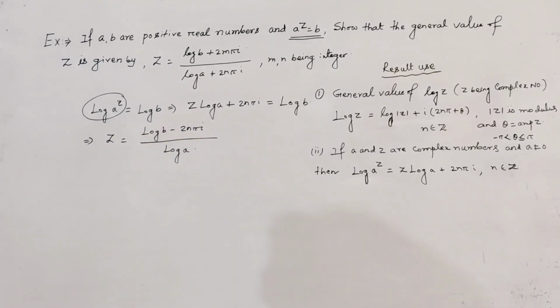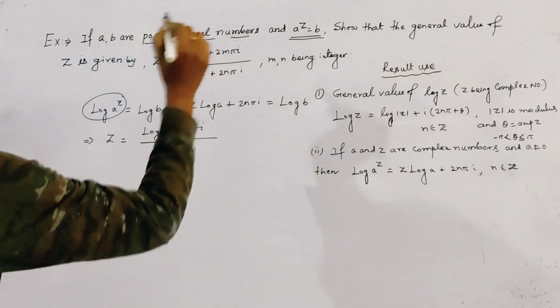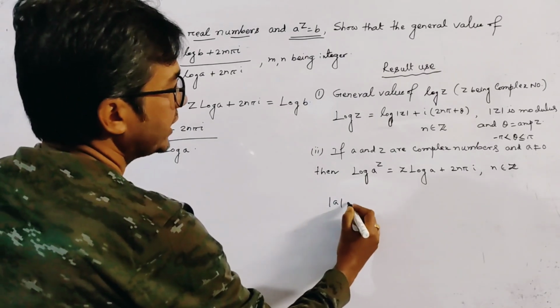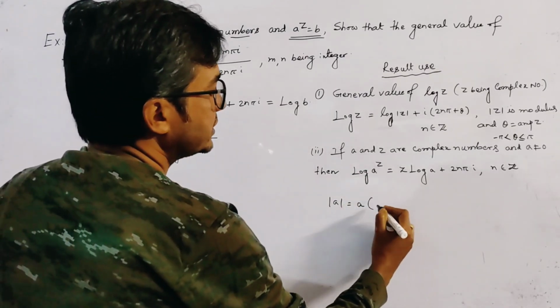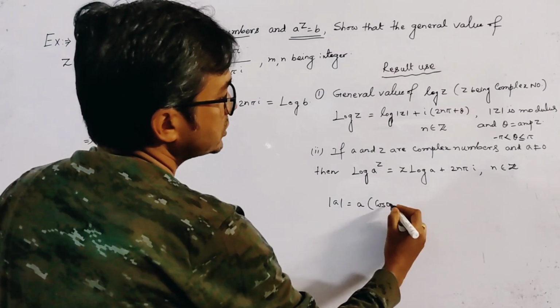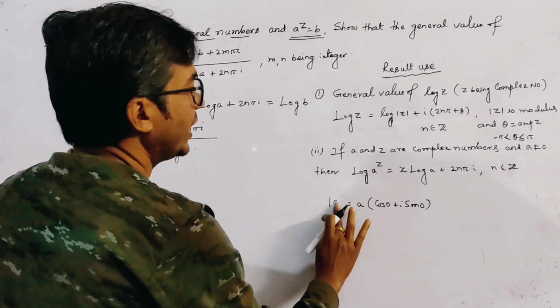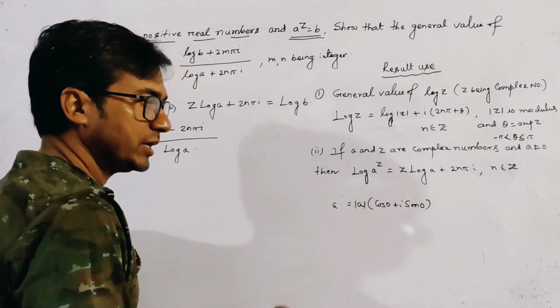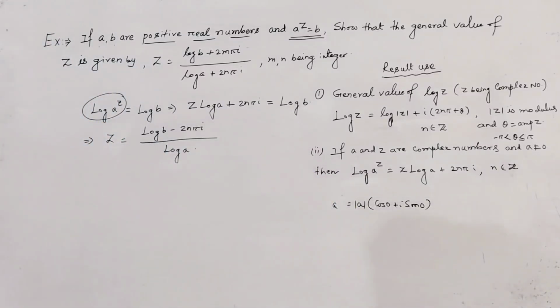Now it is given that a and b are positive real numbers. Positive real number means mod a is equal to a, and it can be written as cos 0 plus i sin 0. We write a equal to mod a into this, because mod a is a positive real number.